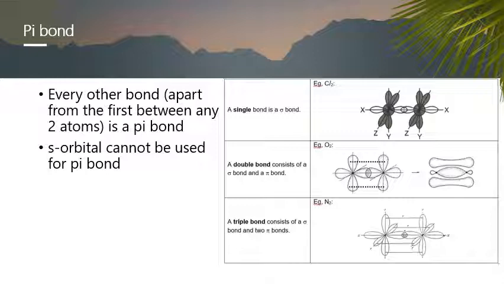If it's three bonds, a triple bond, like nitrogen, N triple bond N, then one is sigma and two of them are pi's. S orbitals cannot be used to form pi bonds because they require a side-on overlap from the sides, but your s orbital, which is round, cannot form bonds to the side.